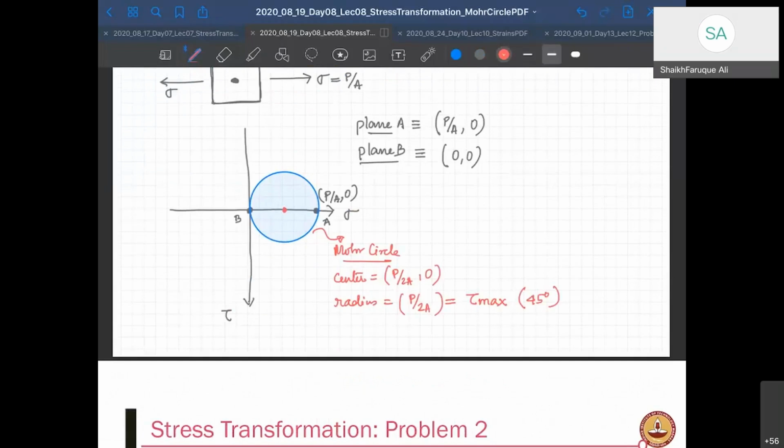So what is the zero line? If I ask you, what is the zero line? This is the zero degree baseline, right? What are its principal values? Principal values are max sigma 1 and sigma 2.